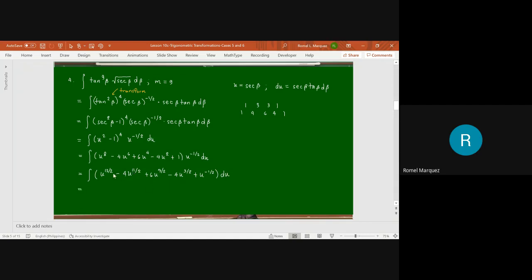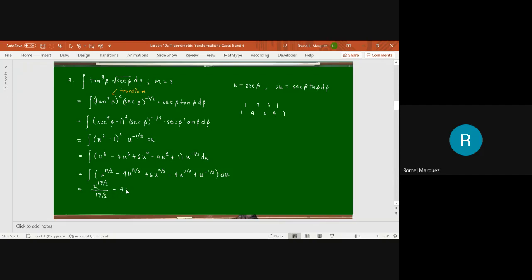So we now have a pattern. 15 minus 4, 11 minus 4, 7 minus 4, 3 minus 4, negative 1. So the first term we have u, and u to the plus 2 over 2, 17 over 2, over 17 over 2.